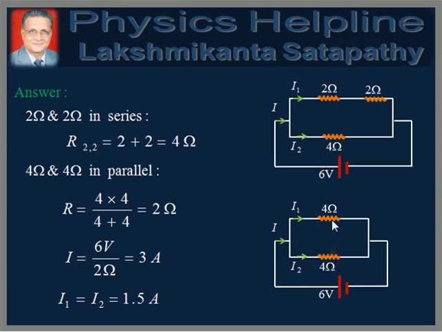Therefore, the current will be equally shared by these 2 4 ohm resistances in parallel, which gives us that I1 is equal to I2. But I1 plus I2 is equal to I. Therefore, each of them is equal to half of I. That is, I1 is equal to I2, which is equal to I by 2, which is equal to 1.5 amperes.